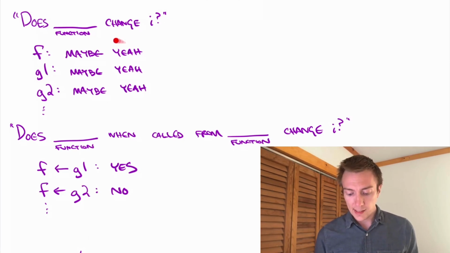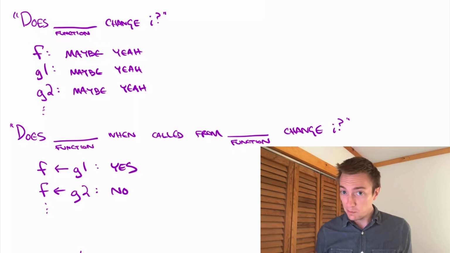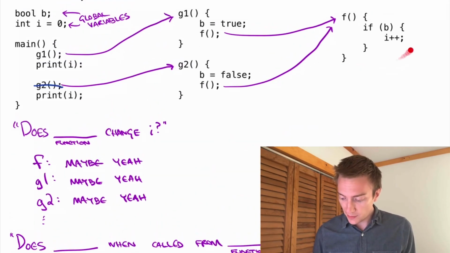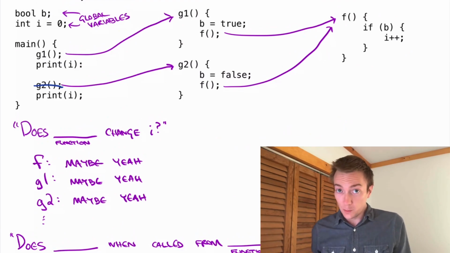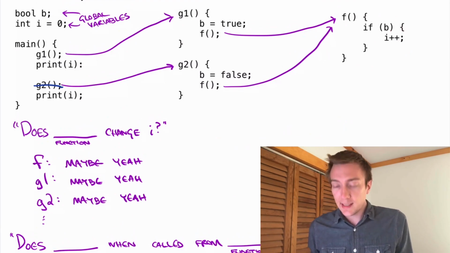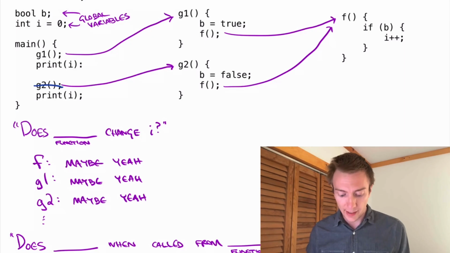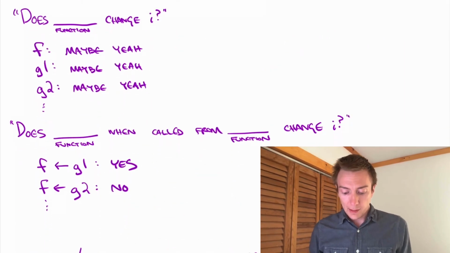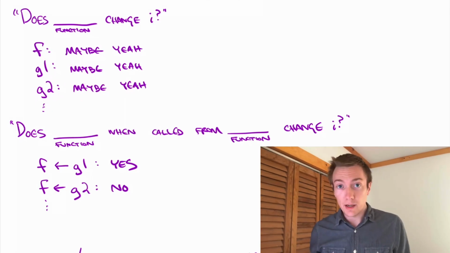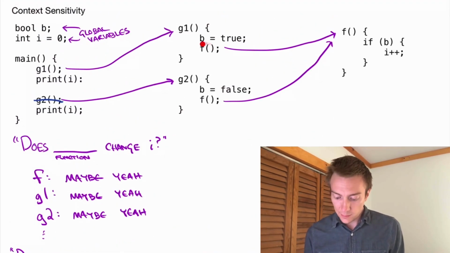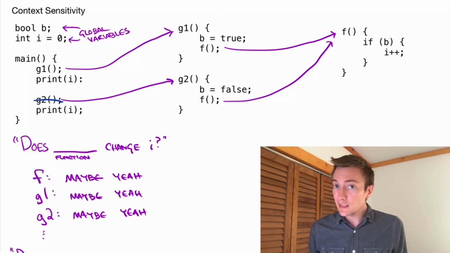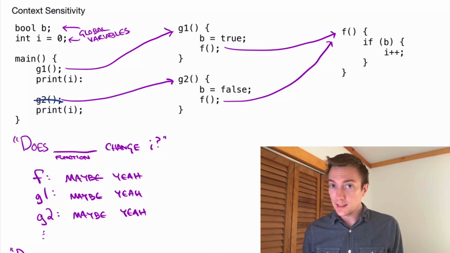If we were to analyze f, we would have to say, yeah, it might, because a global analysis of f says that, well, I don't know what the value of b is going to be, so it must be the case that it can modify I. So therefore, we would have to conclude for both G1 and G2, yes, this also might modify I, because it contains a call to a function that we have previously deduced modifies I. So this by itself is not going to get us anywhere.